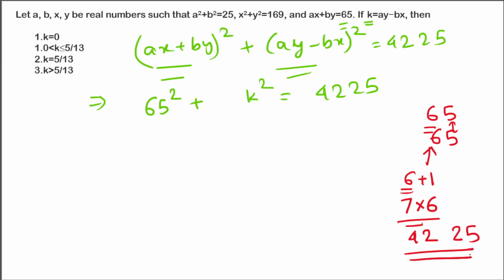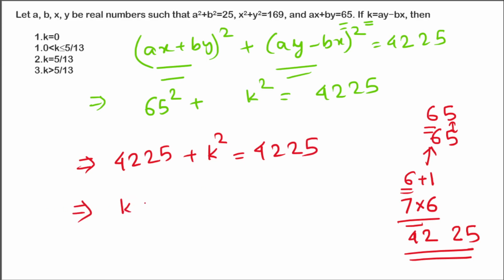All right, this is how you multiply. Okay, so this is 4225, this is k square, it will come out to be 4225. Okay, and you have simply k square equals to 0 and k equals to 0. Okay, so this is the right answer.